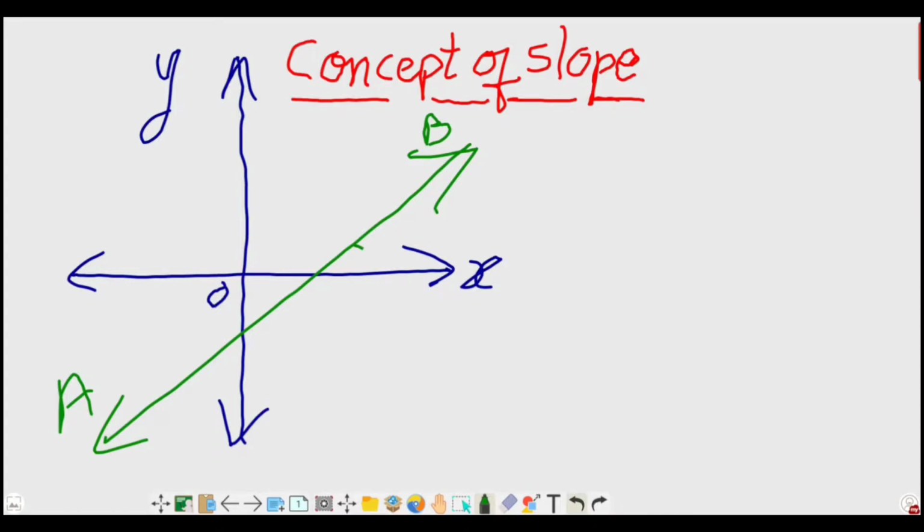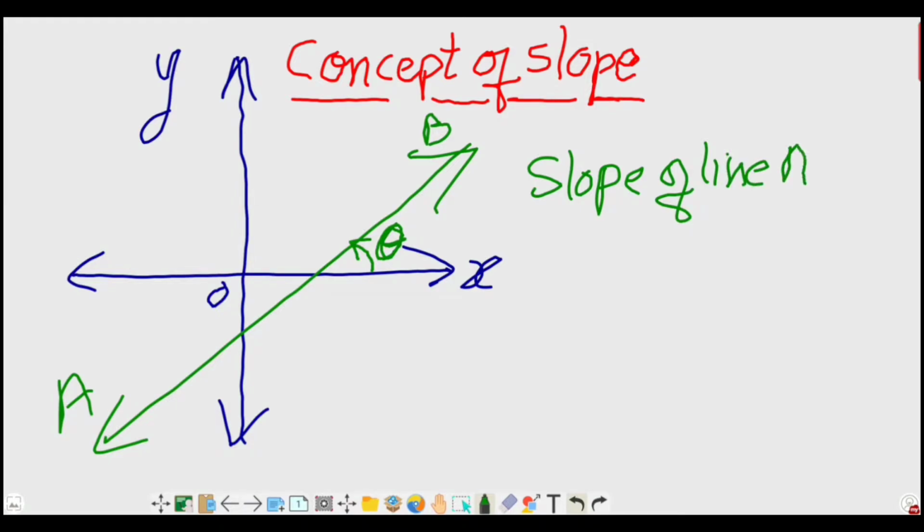It makes an angle with the positive direction of x-axis, in an anti-clockwise movement. It is in the first quadrant. Based on this theta, that's an inclination, we can easily find out the slope of the line AB.